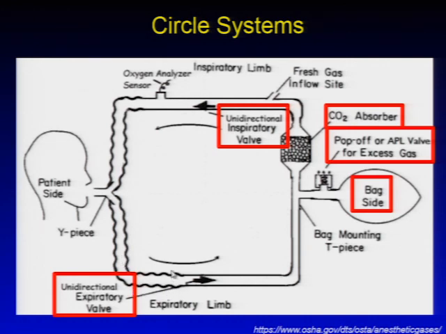And then there's a unidirectional expiratory valve here. Moving on to the bag, when you squeeze the bag, the gas returns and mixes with the fresh gas flow after going through the CO2 absorber.